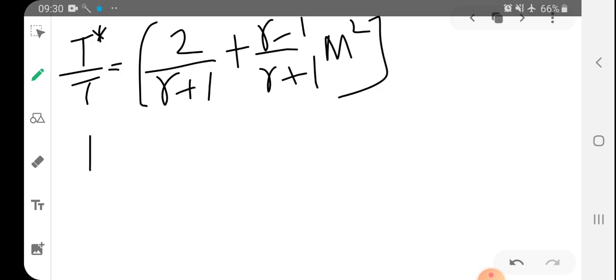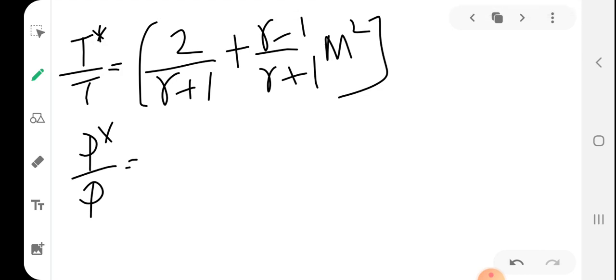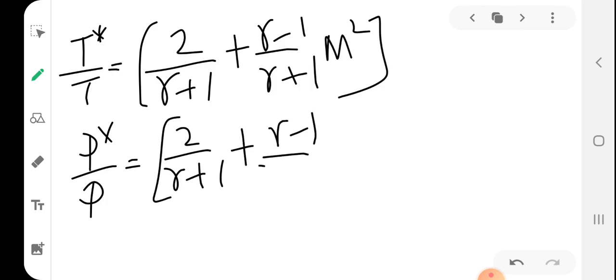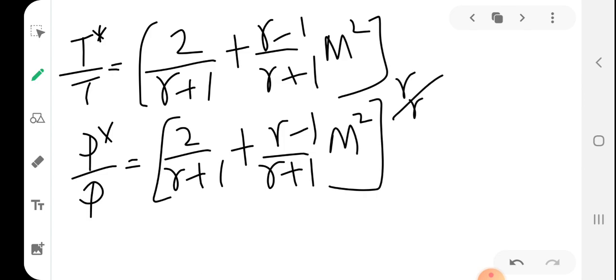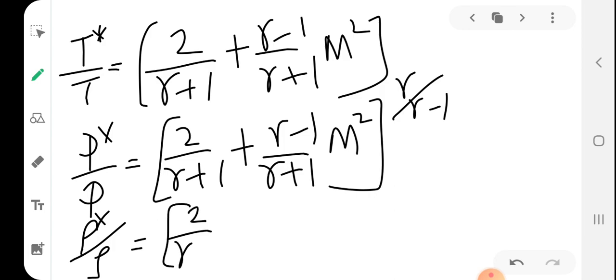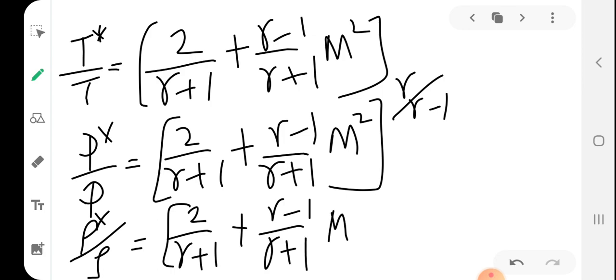Similarly, P star by P equals 2 by gamma plus 1 plus gamma minus 1 by gamma plus 1 M square, raised to gamma by gamma minus 1. And rho star by rho equals 2 by gamma plus 1 plus gamma minus 1 by gamma plus 1 M square, raised to 1 by gamma minus 1.